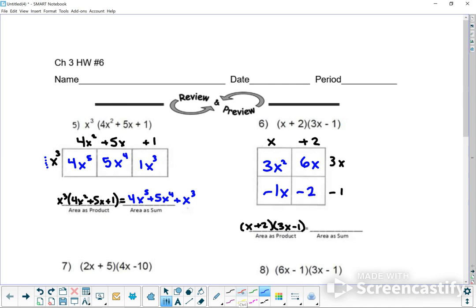Okay, in this one, we can actually combine these two right here, because both of those are x's, and both of them will combine to be 5x. That's a positive 5x. 6x minus 1x is 5x. The 3x squared, you cannot combine that, so you write it just the way it is. And the minus 2, you cannot combine that, so you just write it just the way it is.